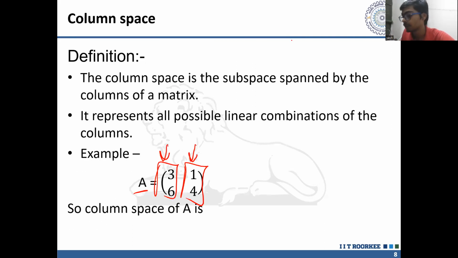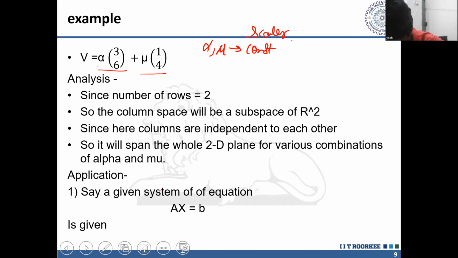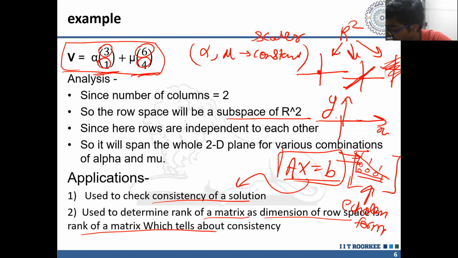Now, what we have seen earlier, by the same way, since here the number of rows is 2, each column will have 2 elements, and so the column space will be a subspace of R2, similar to what we have seen here.